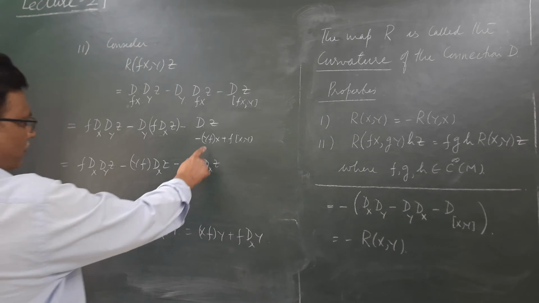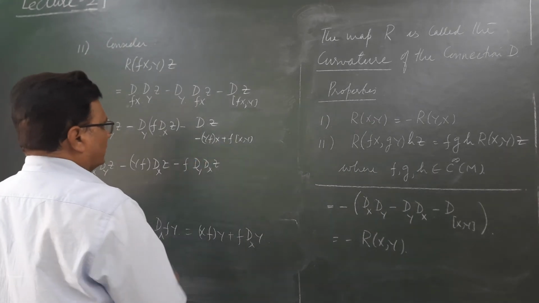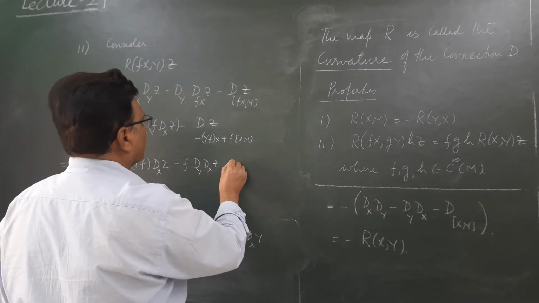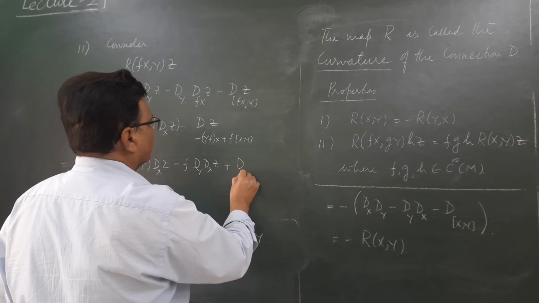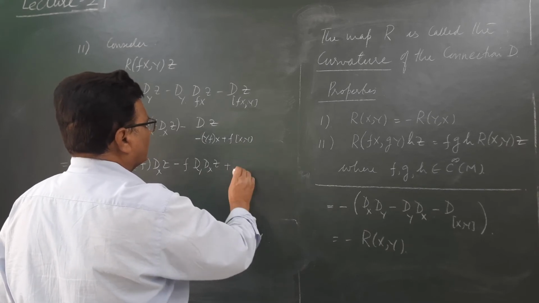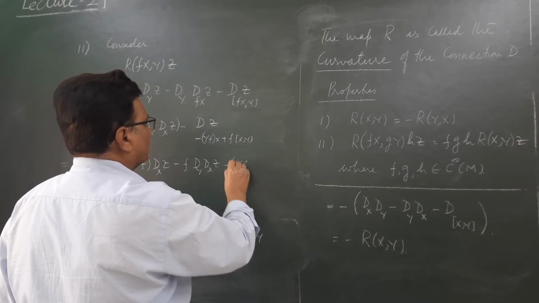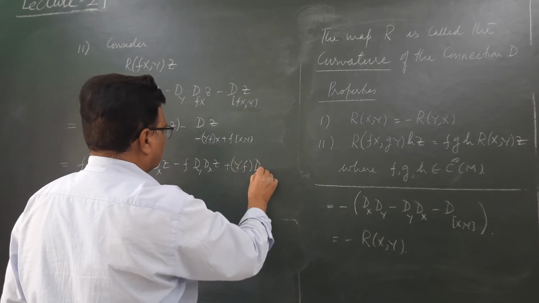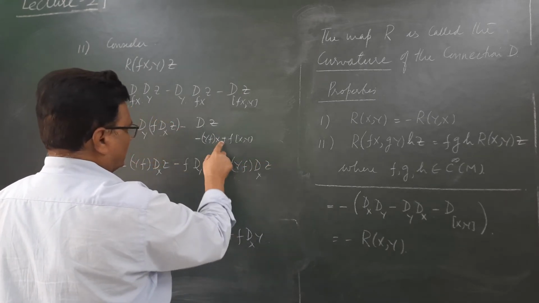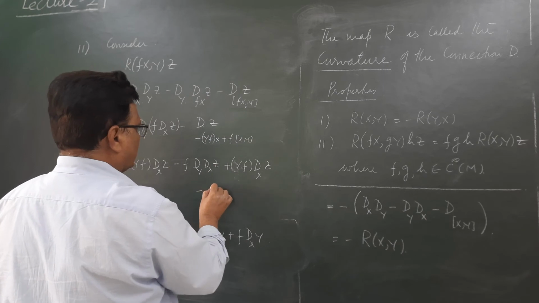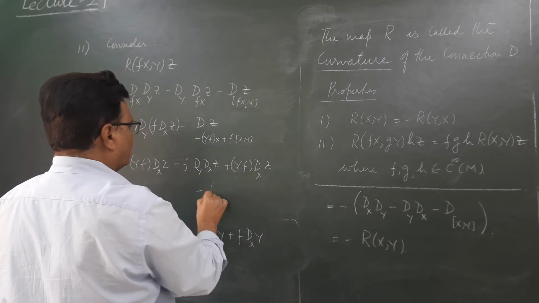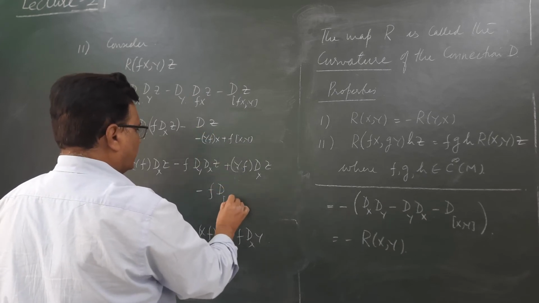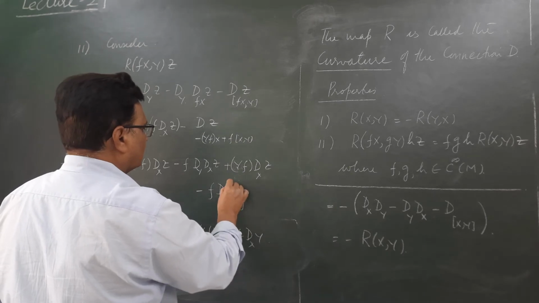Now it is distributive in this slot, so it will be plus d of yf dx z. This minus will make it minus, so minus f, writing it up again, Lie bracket xy z.